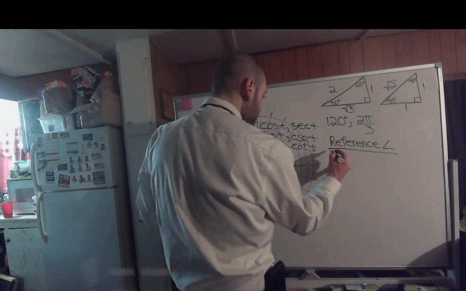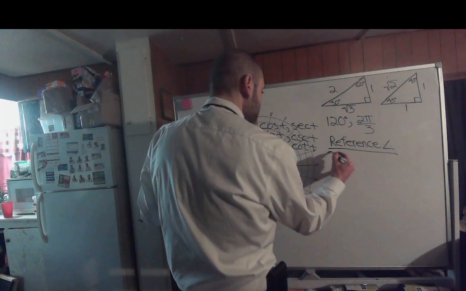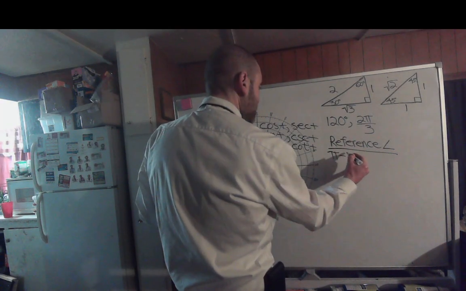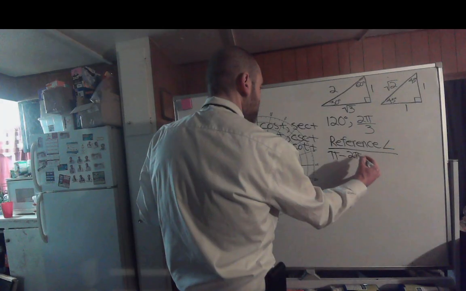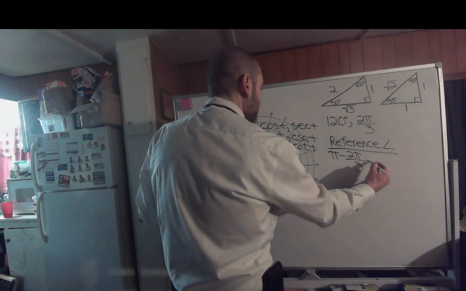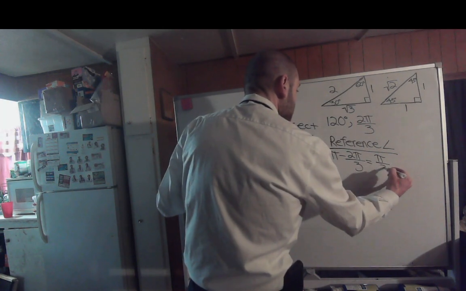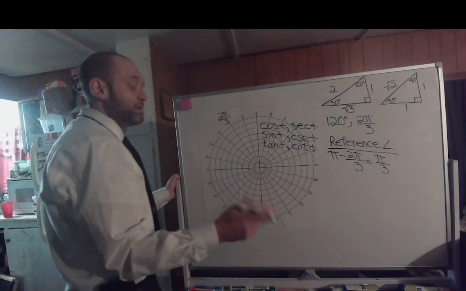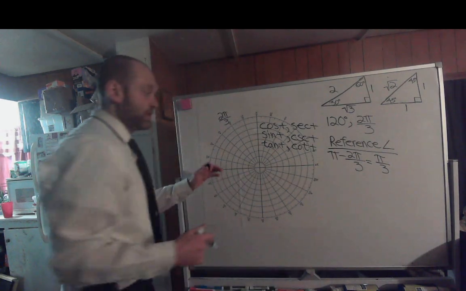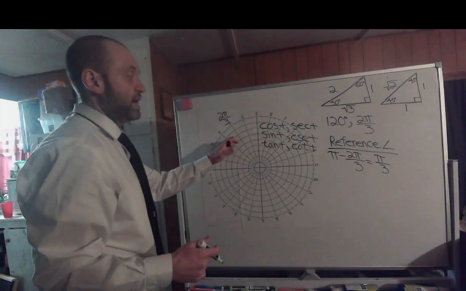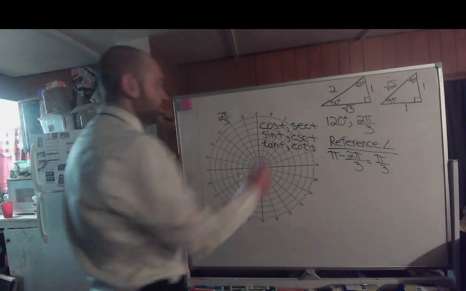In this case, pi minus 2 pi over 3 gives you pi over 3, right? So your reference angle would be pi over 3. This would be treated like a 60-degree angle, only in the second quadrant.